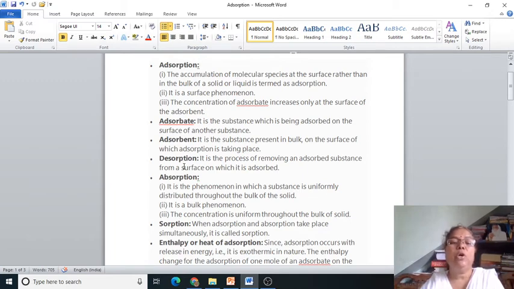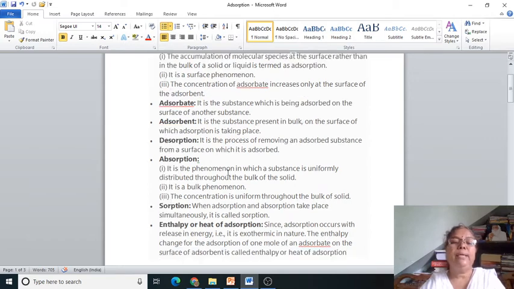And desorption is the process of removing an adsorbed substance from a surface on which it is adsorbed. Simply, the removal of adsorbed substance from the adsorbent is called as desorption. Then we see in detail what is the absorption.